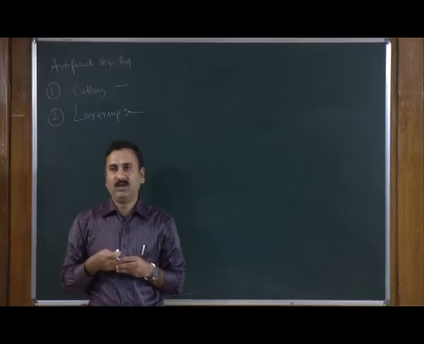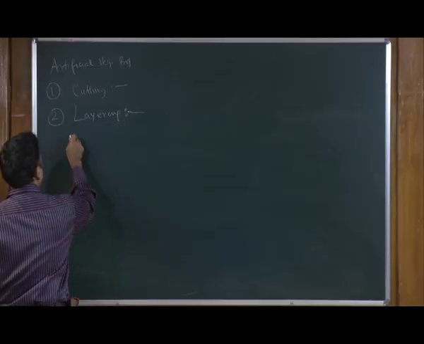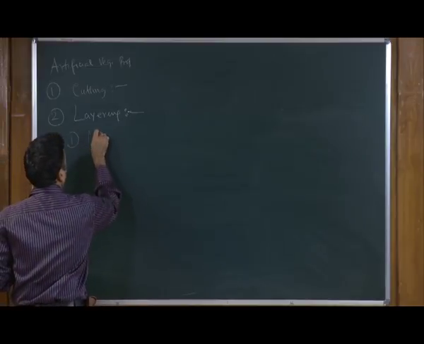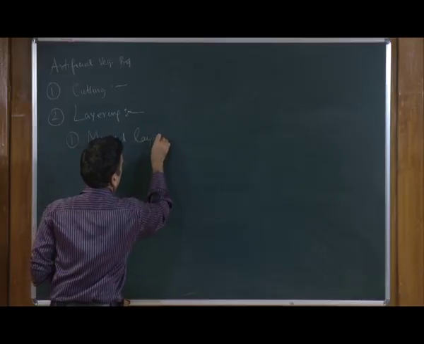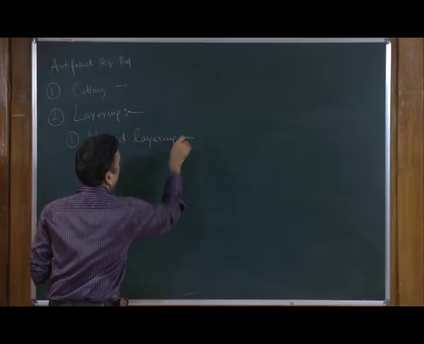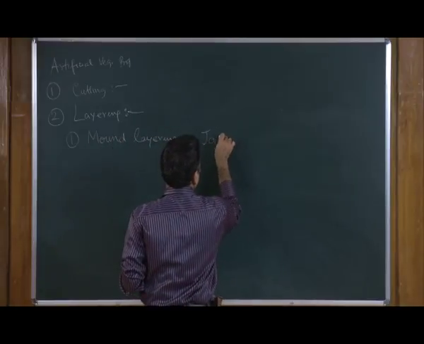You can do layering in two ways. One is called mound layering, and a classical example is jasmine.